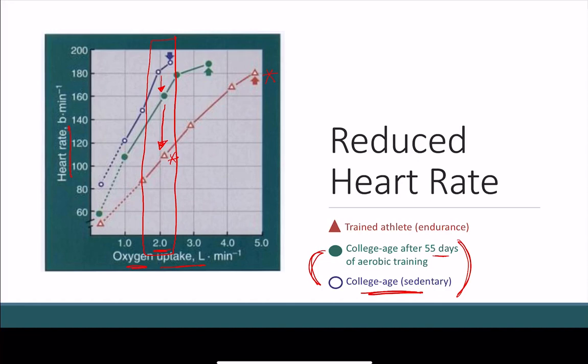Of note, this reduced heart rate is important during the mid to moderate intensity exercises. When it comes to maximal heart rate, training is not going to affect our maximal heart rate. That maximal heart rate is kind of our intrinsic, our natural place where any further increase in heart rate would start to compromise filling.